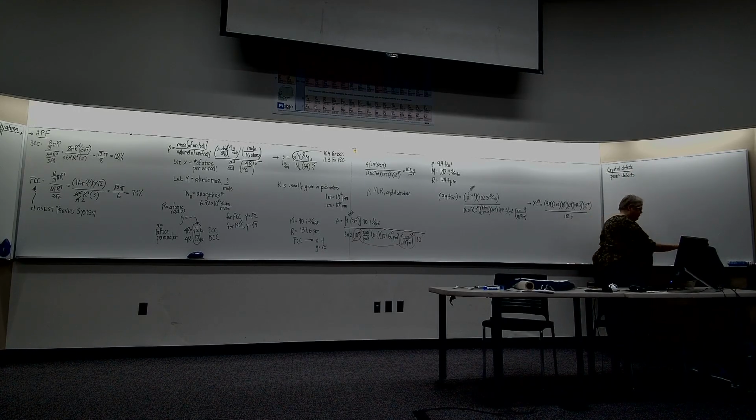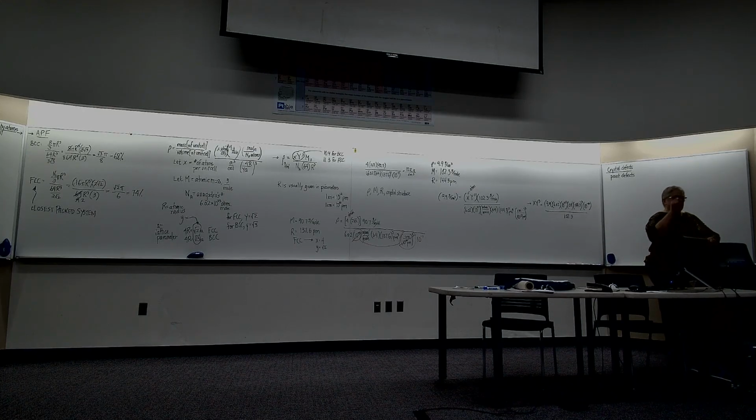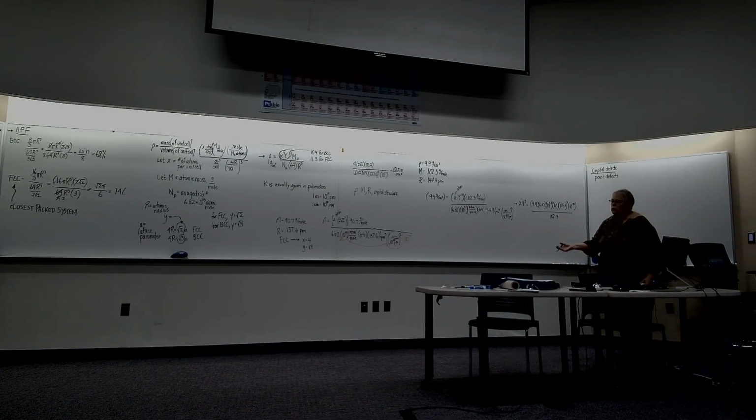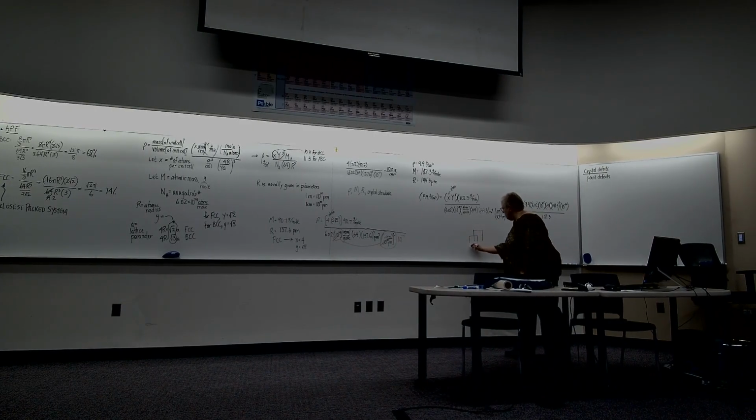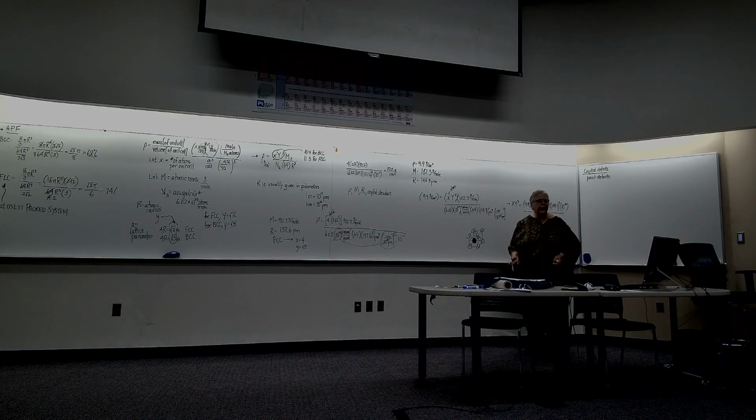And there are 2 types. But this is just a point in space. It's a zero-dimensional defect. Let's say I've got FCC. It could be that where I would have my solvent atom, I have a foreign atom, a different atom.